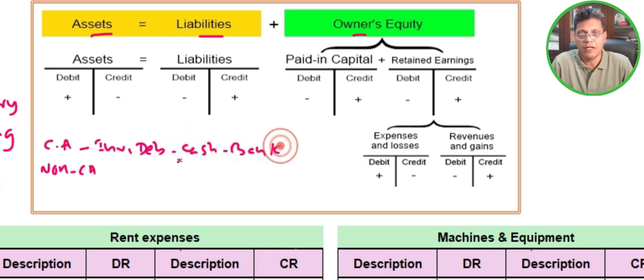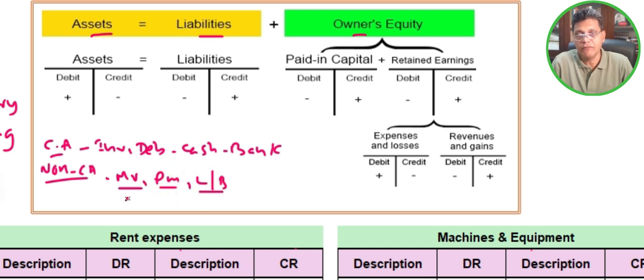Non-current assets include motor vehicles, plant and machinery, land and buildings, and so on. Non-current assets are used in the business to generate economic benefits for more than 1 year, while current assets are liquid assets held for less than 1 year.